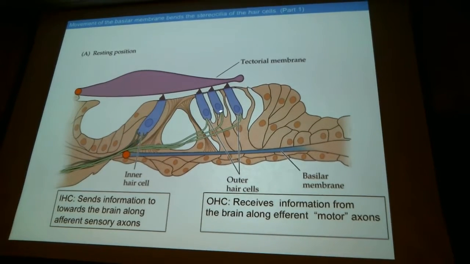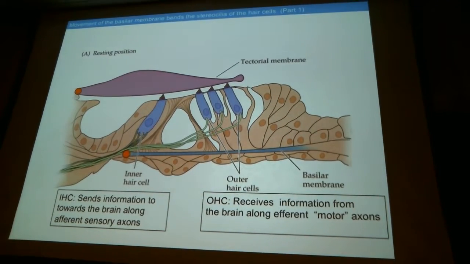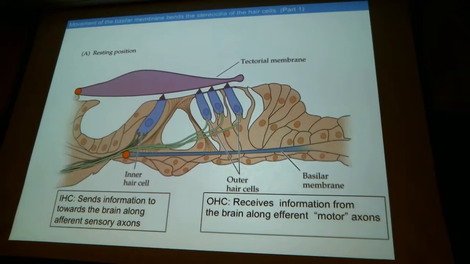The outer hair cells are not responsible for the main part of auditory information. And we'll talk a little bit more about their function as well. But they're also innervated. Both of these have some degree of afferent and efferent innervation. You guys remember what afferent and efferent are?